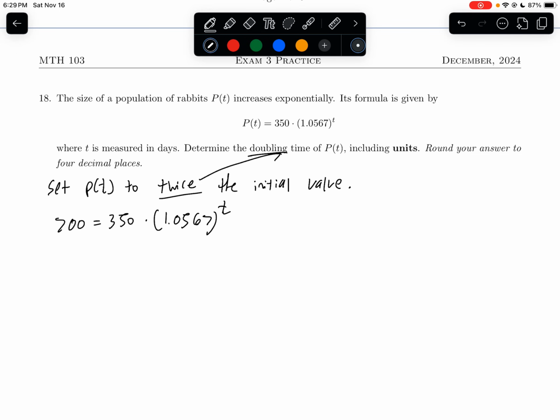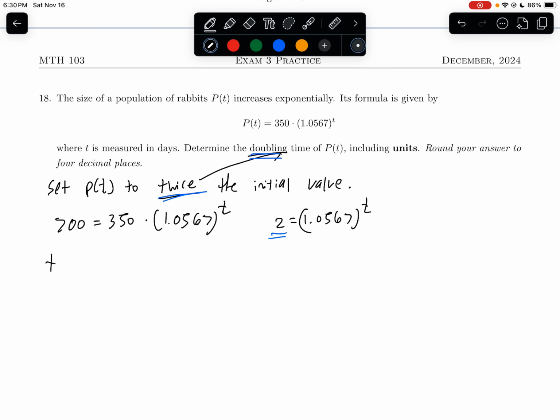You can kind of skip this step maybe if you want, because what happens next is that these numbers cancel out, and we can divide them over, and what we end up with is that 2 equals 1.0567 to the t. It's not a coincidence that we end up with 2. You could probably skip to this step if you're confident in what you're doing.